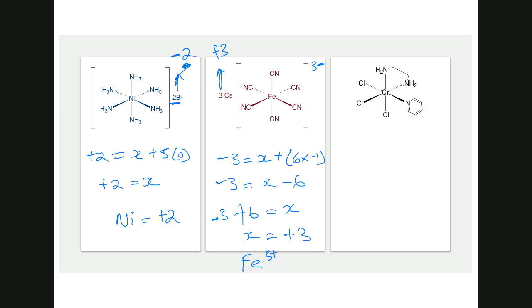All right, in our last example, this is not a salt, it's not a compound, it's a complex molecule. There's no charge on it, which means all the charges are taken care of by the ligands. In this example, we have chromium in the center, and our ligands are chlorine.